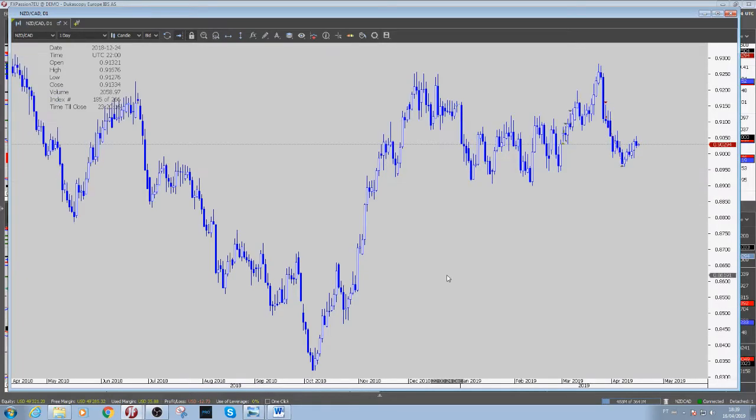Okay, so this is NZD-CAD daily chart. And before, let me check the time, because I believe that we have a news announcement coming.